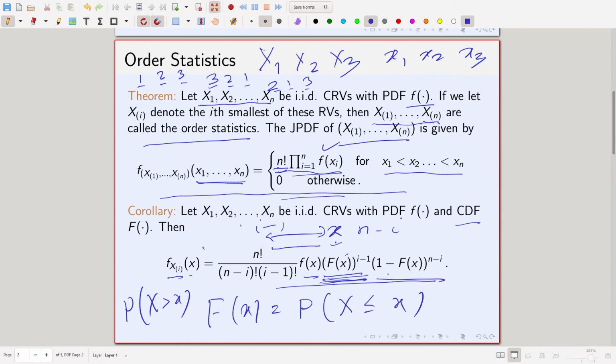So basically what you are doing here is, x will be the ith minimum when i minus 1 things are less than that and n minus i things are greater than that. But again, remember, in terms of the original random variables, you can permute things, and you will still get the same order statistic.